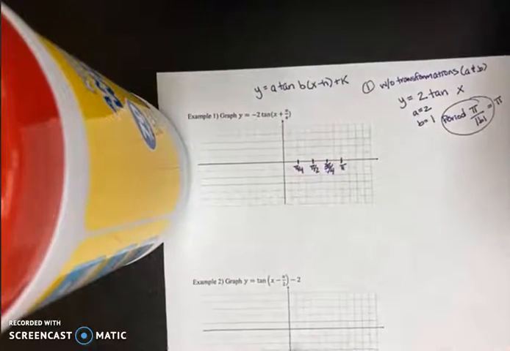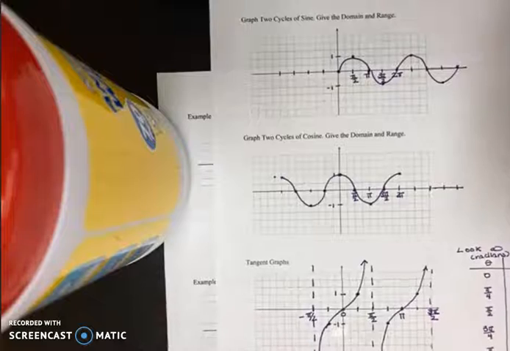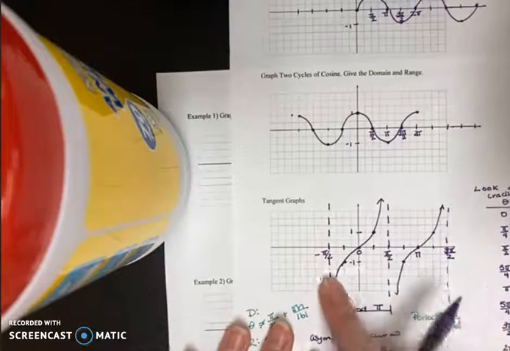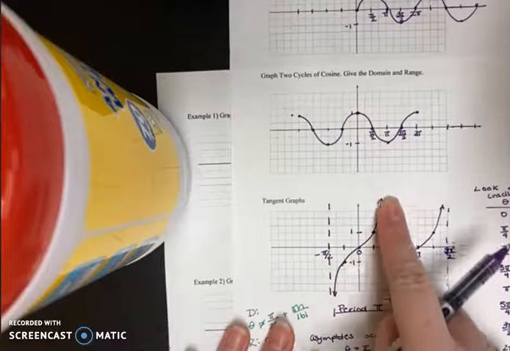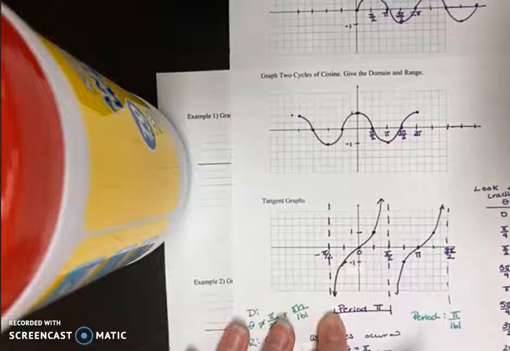Now the parent function, we saw that one full cycle was pi, but when I'm looking at the origin, one cycle right here, half of the graph was on the right-hand side and half of it was on the left-hand side.